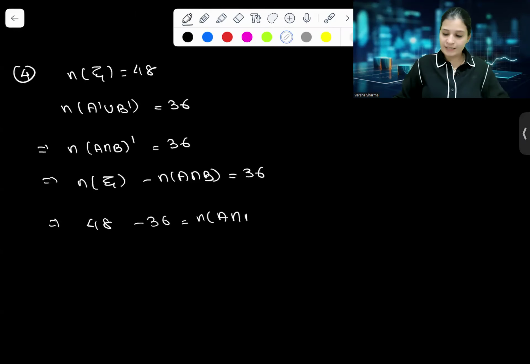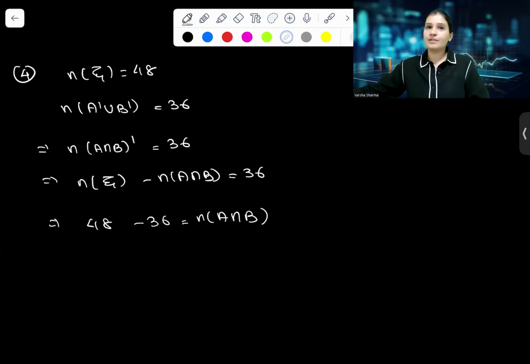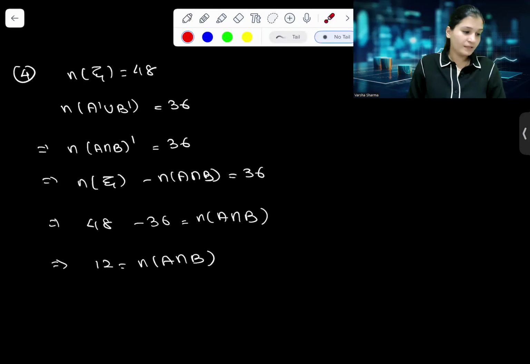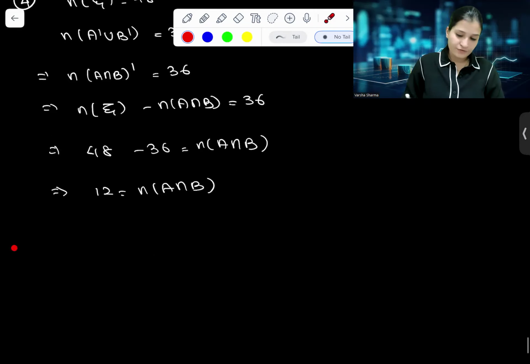N of A intersection B. Any problem till here? So from here, what will be the intersection value? 12, ma'am. Done?